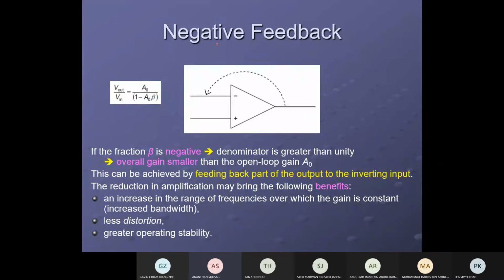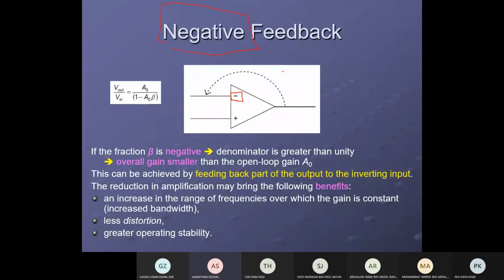The type of feedback famous in electronics is called negative feedback. What is negative feedback? Same definition: a part or all of the output channeled back into the negative input is called negative feedback.